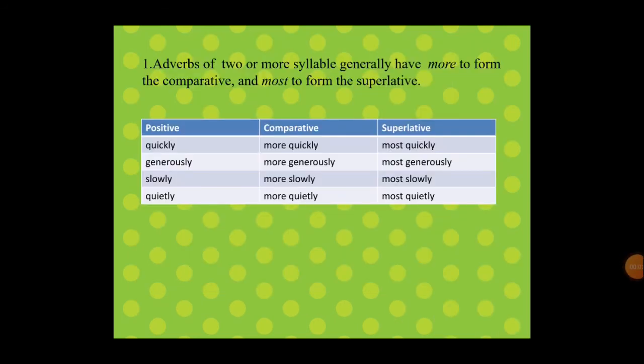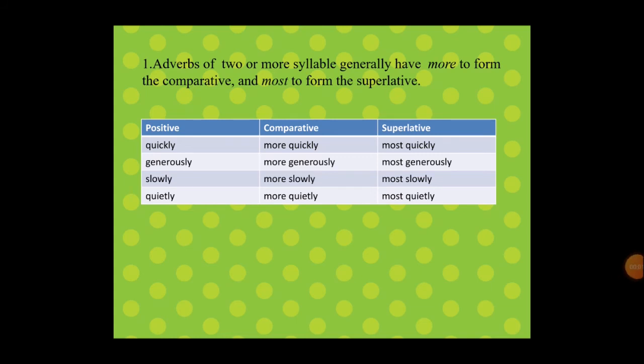Adverbs of two or more syllables generally have more to form the comparative and most to form the superlative. As you see in the table below, for the comparative degree we have added more, and for the superlative degree we have added most. Quickly, more quickly, and most quickly.